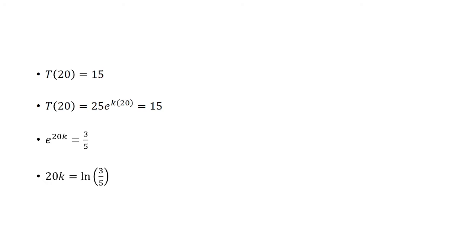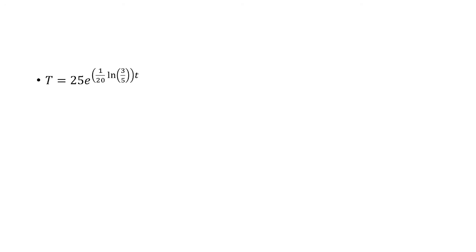Take the natural log. We have 20k equals ln of 3/5. So k is 1 over 20 times ln of 3/5. So now we have the equation for temperature. It's 25 times e raised to the 1 over 20 times ln of 3/5 times t.